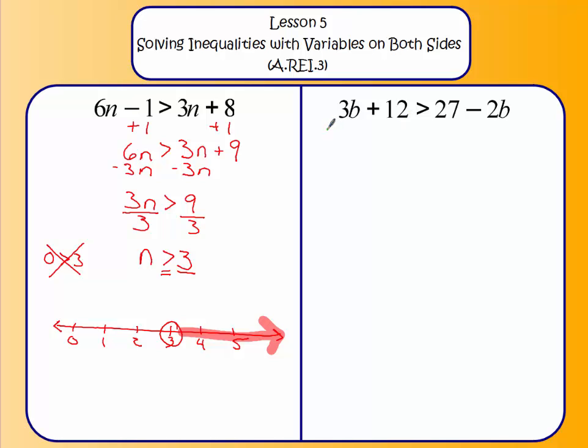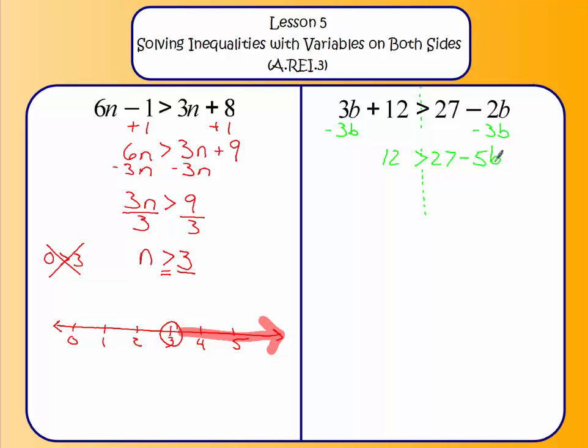So let's say I start and I say this, minus 3b, let's subtract 3b from both sides. Remember, you can always draw a line straight down like this to know that you're doing it to both sides. Well, that leaves me with just 12 on the left side is greater than 27 minus 2b, and another minus 3b is minus 5b.